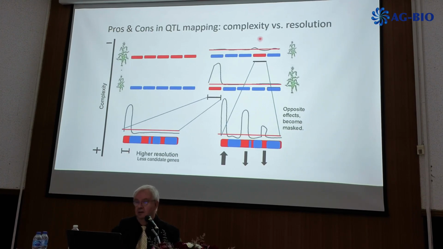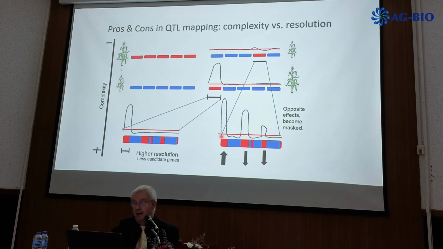There's another thing: what happens if you see on chromosome 4 that there is no QTL? At least you have some effect, but if you use the permutated threshold, it is below the threshold, so you don't consider it. But when you enhance the complexity, you see on that chromosome a positive QTL on the end, a negative QTL with a negative effect on the quantitative trait further on, and also a third one.